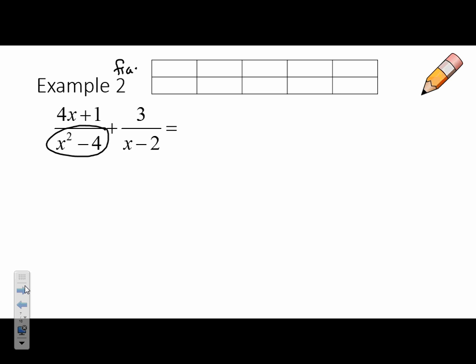Again, two rows: fraction 1 and fraction 2. We're going to fill in those pieces. What is x squared minus 4? That's the same thing as x plus 2 and x minus 2. So what fraction 1 has in the denominator really are two factors.